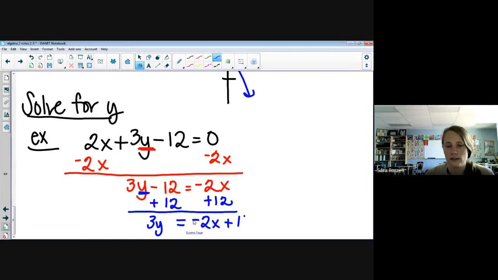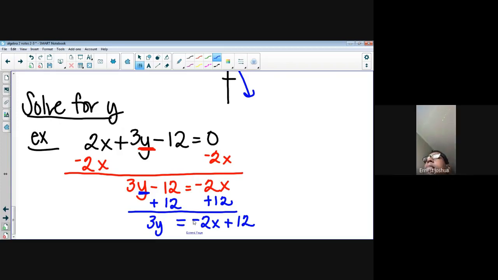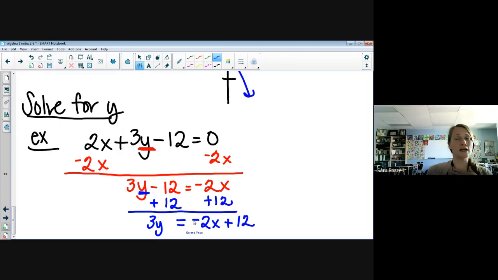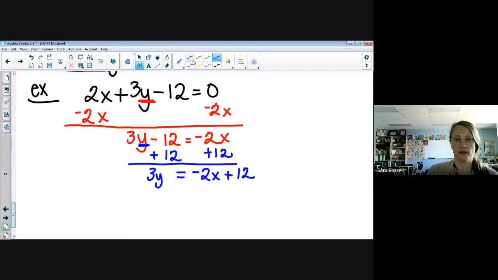Negative 2x plus 12. Does it almost look like slope-intercept form? What's the one number that's making it not in slope-intercept form that needs to go? That's 3. And it's 3 times y. So how do we get rid of times? Divide. So we're going to divide every single term by 3. Okay.